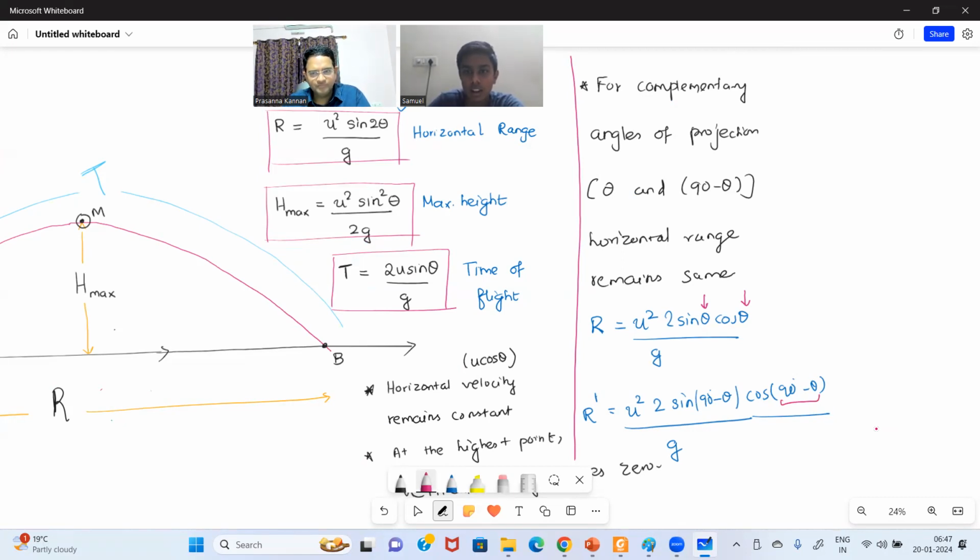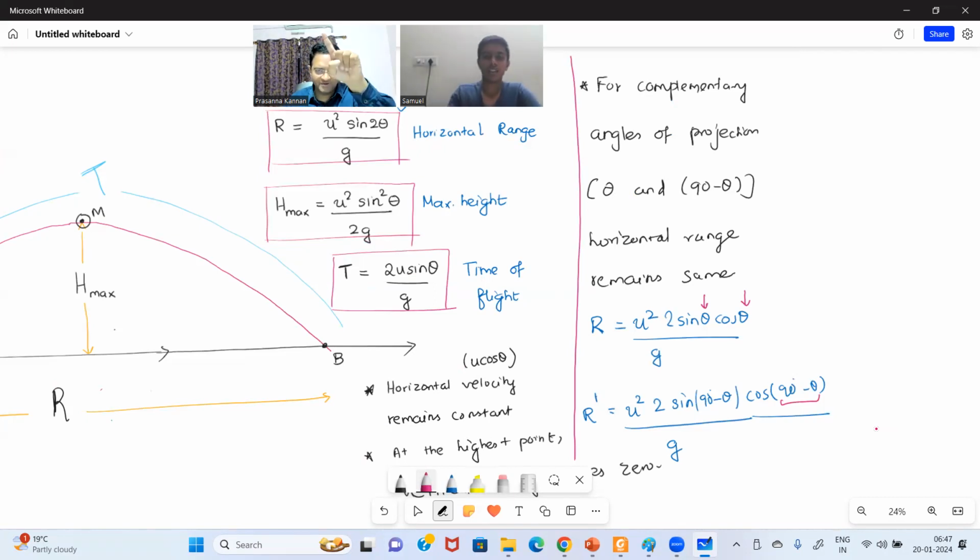First, second, third, fourth? First, and in the first quadrant all are positive. So sine of 90 minus theta is cos theta, and cos of 90 minus theta is sine theta. So the product is same.